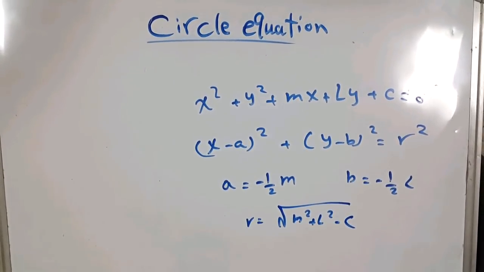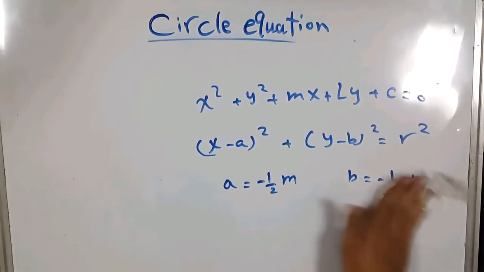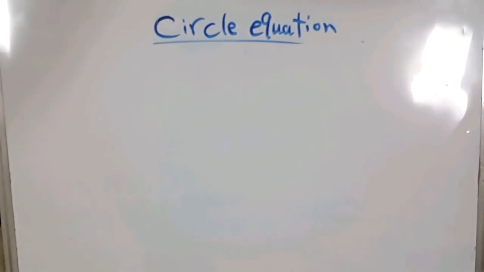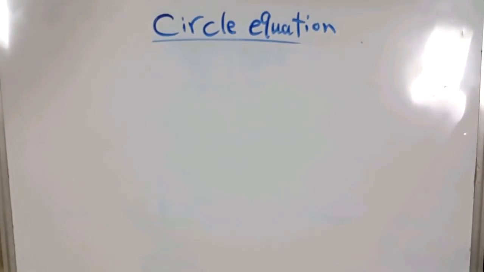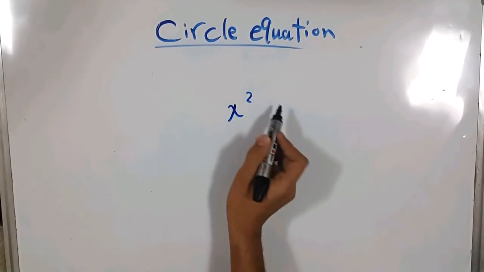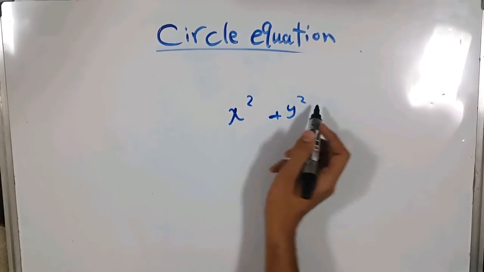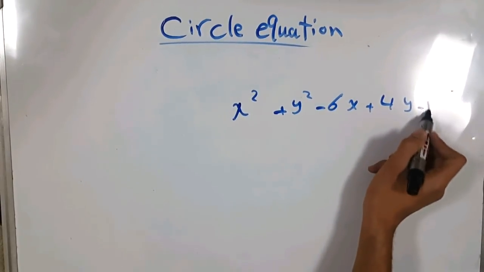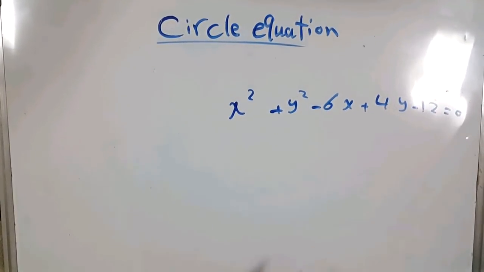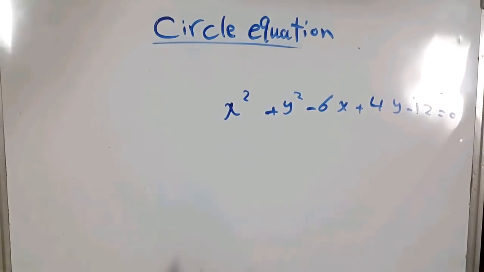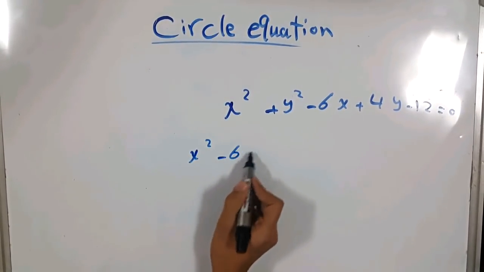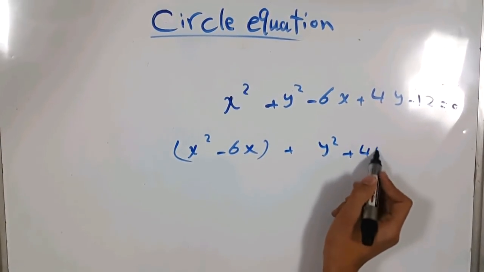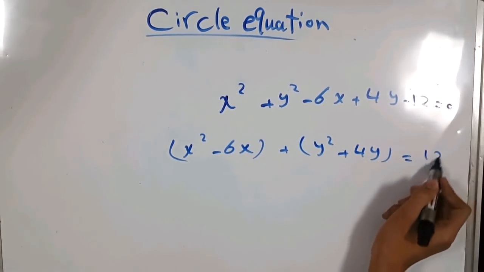We will use an example to make this rule simpler. Here, if we have an equation that says x squared plus y squared minus 6x plus 4y minus 12 equals 0, we bring it here: x squared minus 6x plus y squared plus 4y equals 12.